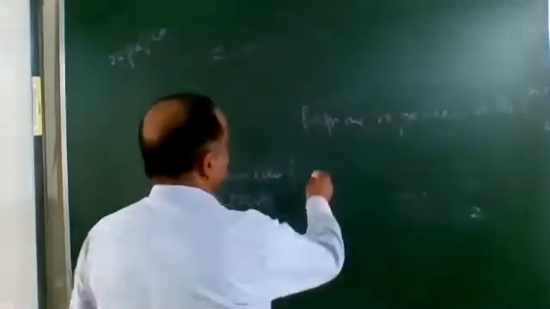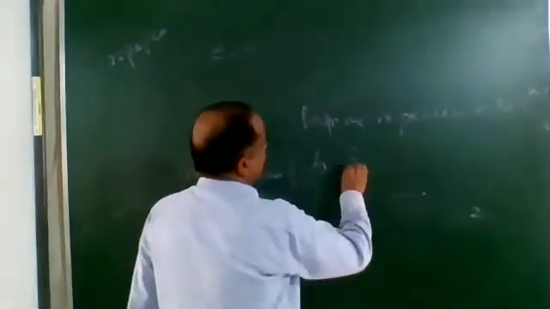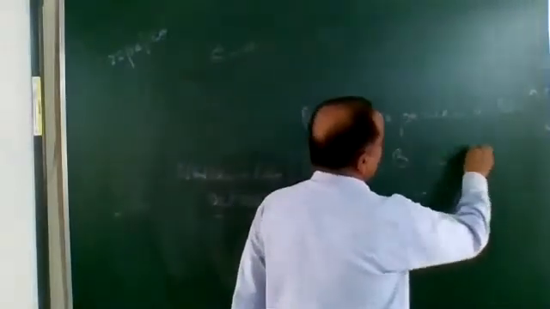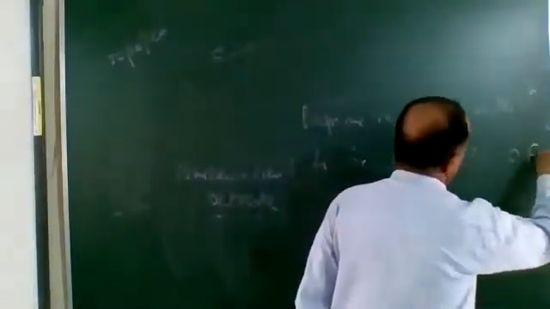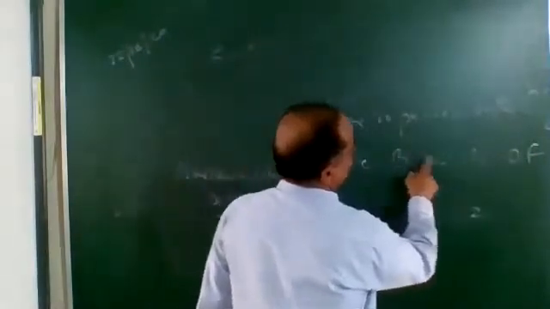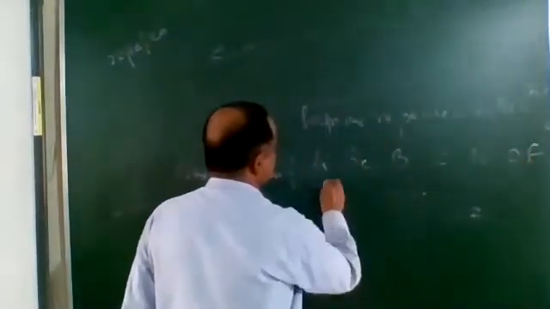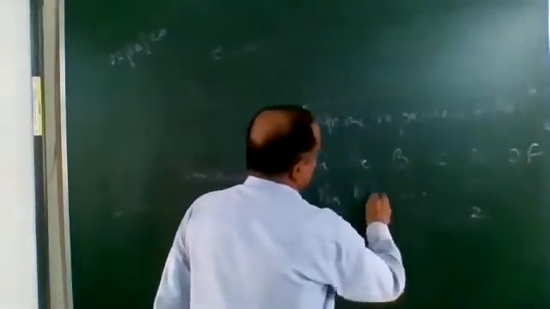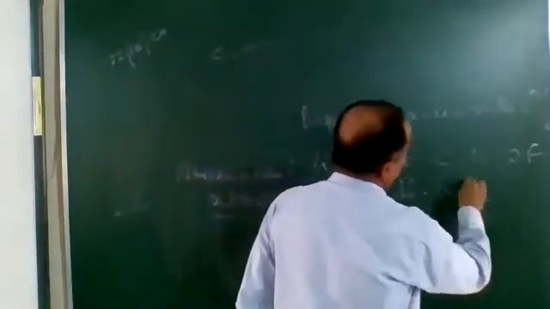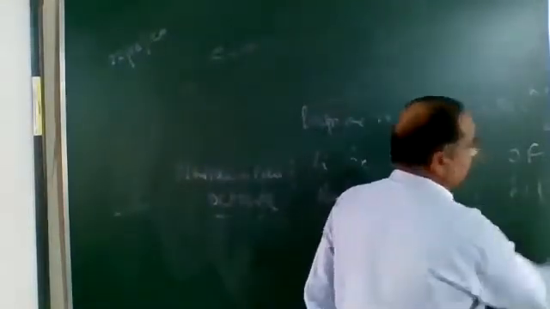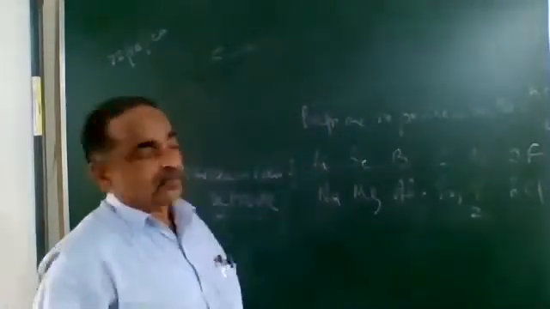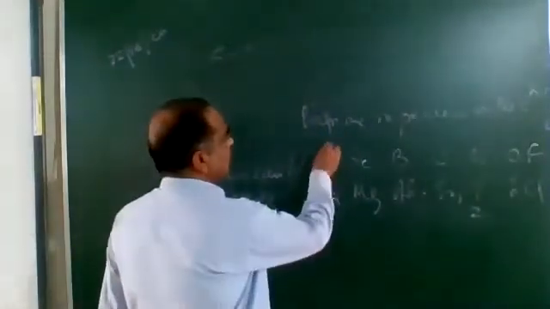Now let's take the case of lithium, beryllium, boron, carbon, nitrogen, oxygen, fluorine, sodium, magnesium, aluminum, silicon, phosphorus, sulfur, and chlorine. If these elements are taken, let us start with lithium.